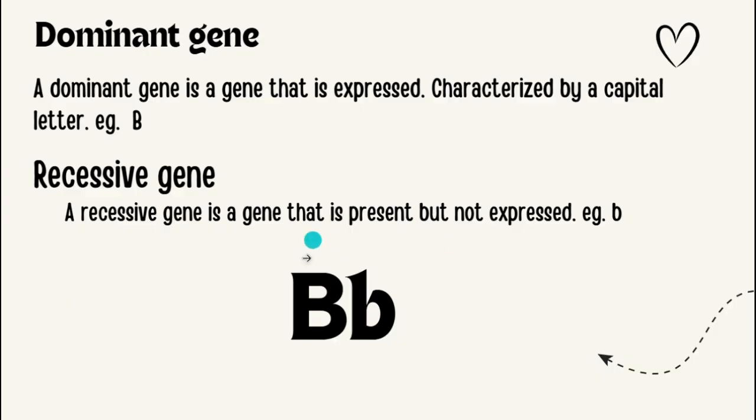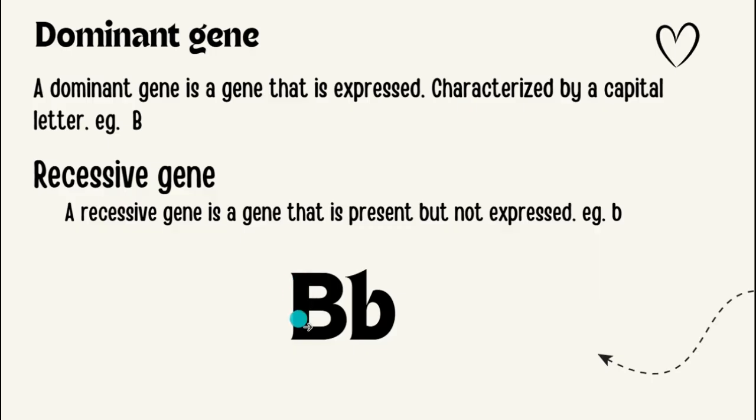So when they made me, I end up with a capital B and a small b. What do you think my hair color would be? This codes for black hair, this codes for brown hair. I get both of them.